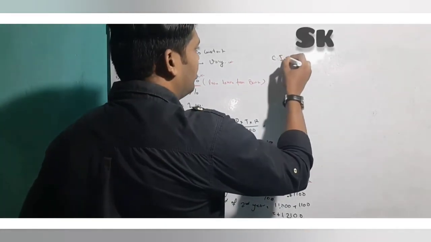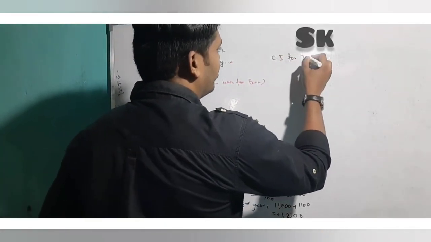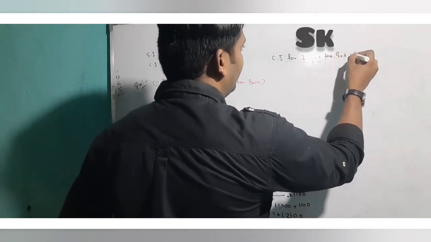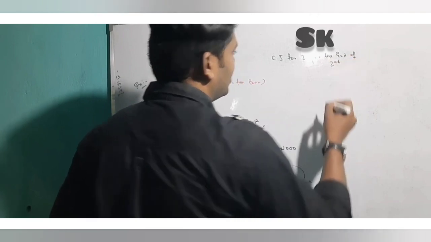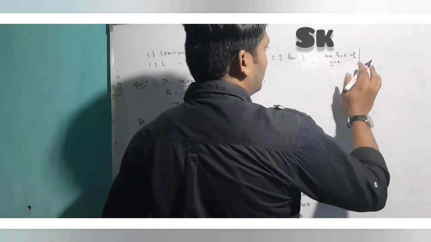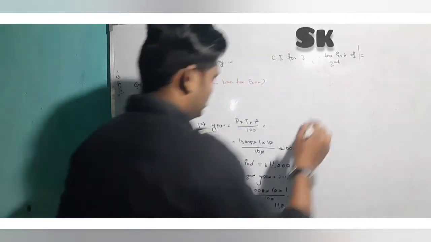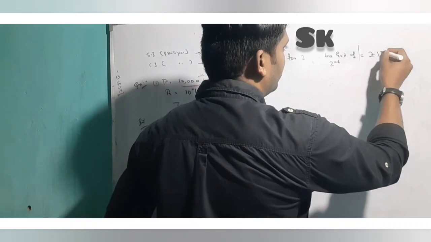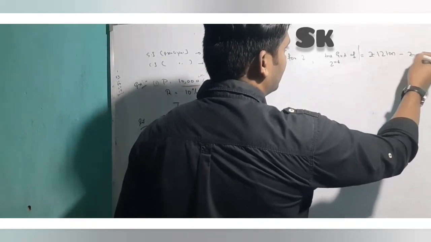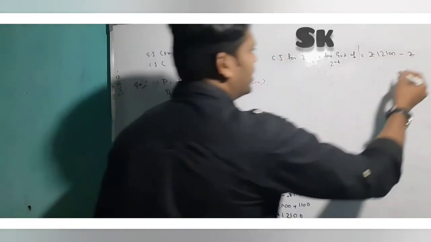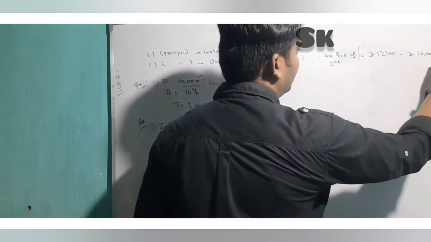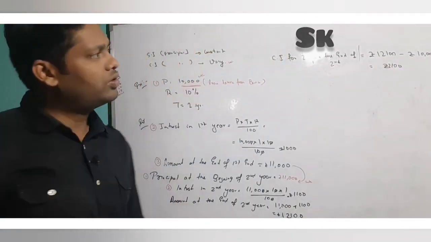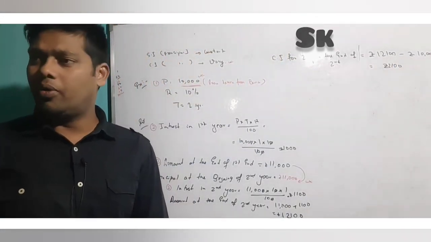Compound interest for second year, or at the end of second year, equal to how much? 12,100 amount at the end of second year, minus principal at the starting, 10,000, no? So how much is there? 2,100. No? 2,100. This is the compound interest.